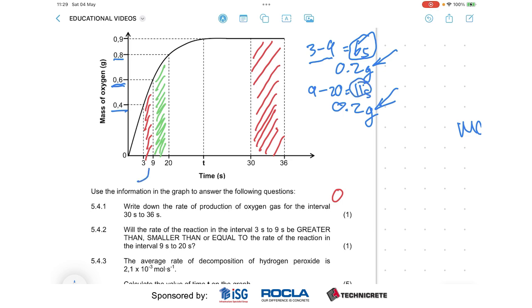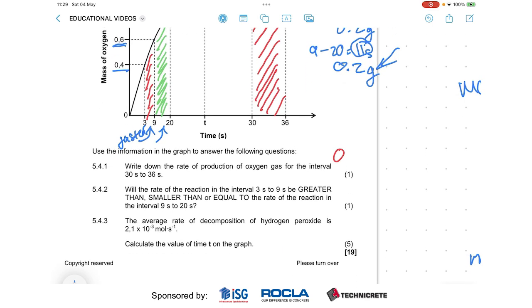So the rate here is faster than the rate here, okay? So yeah, here the answer would be greater than, okay, greater.